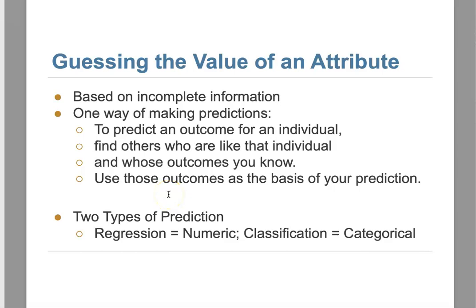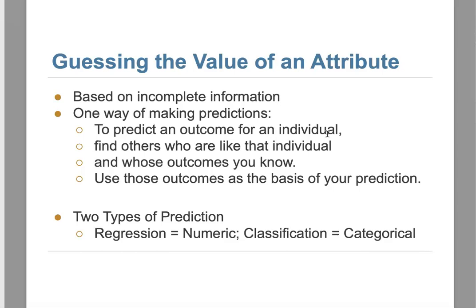So when we talk about prediction, we are guessing the value of an attribute, based on the sample data set we have. That's our incomplete information. So when we try to make a prediction, we are trying to predict an outcome of an individual. This outcome will be the attribute we don't know.